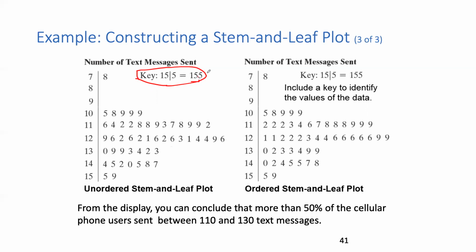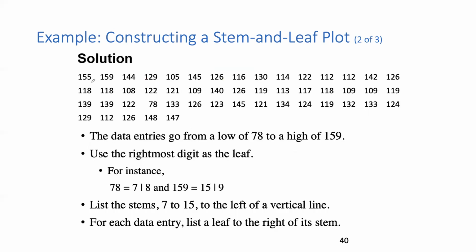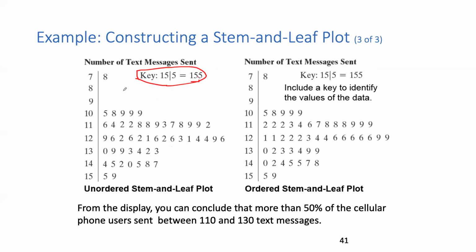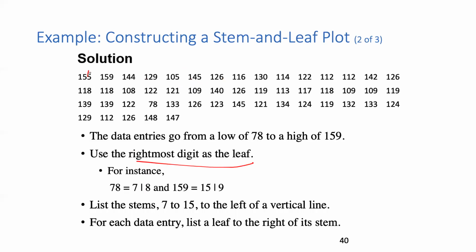But otherwise, everything else is straightforward, right? The general strategy is to use the rightmost digit as the leaf. So in this case, I'm going to use the rightmost digit as the leaf. For instance, for the number 155, the stem is going to be 15, the leaf is going to be 5.